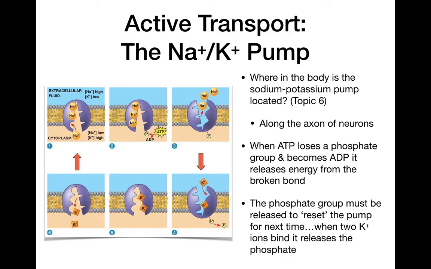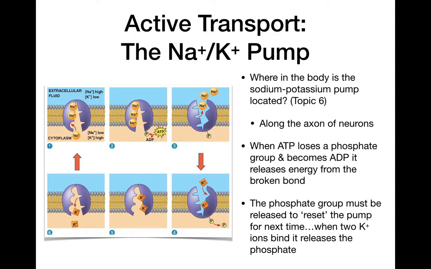Now, if we look here, this pump is actually quite efficient. When we look at this beginning here, we're starting with high sodium, low potassium outside the cell, and low sodium, high potassium inside the cell. And because we're going against the gradient, moving the sodium out, even though it's higher concentration outside, moving potassium in, even though it's lower concentration outside, that's going to require energy.